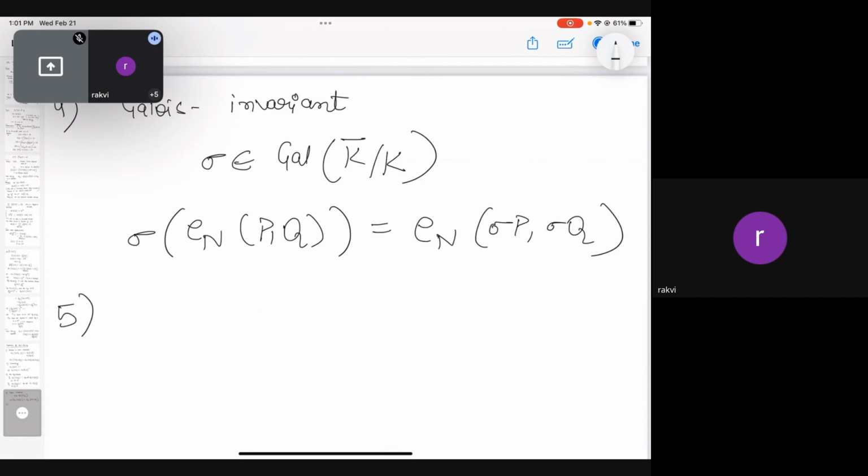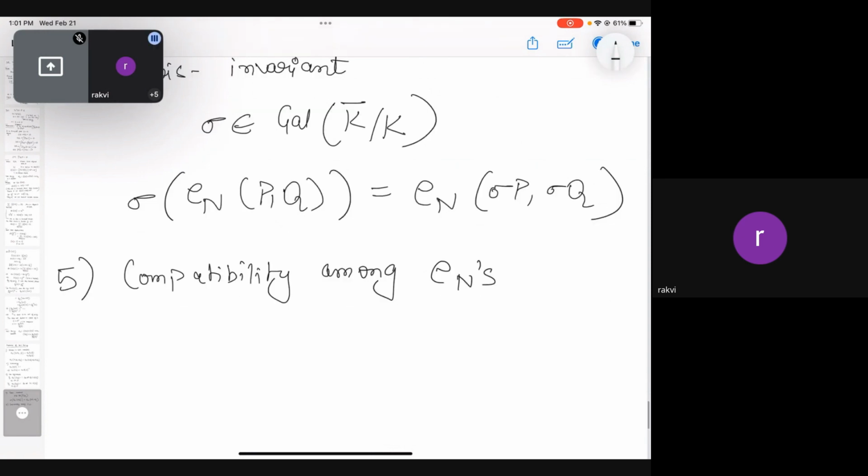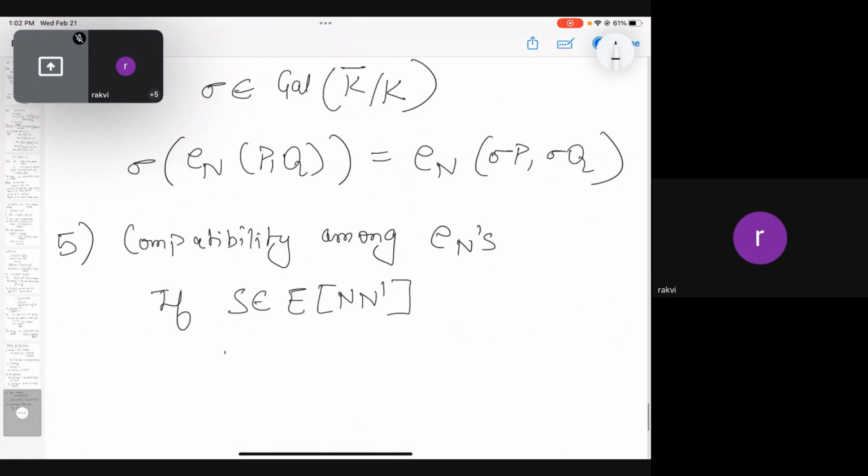The fifth is compatibility among the ENs. Suppose I start with a point s that is n times n prime torsion, and I take a point p that is simply n torsion. Here n prime is basically any multiple of n.